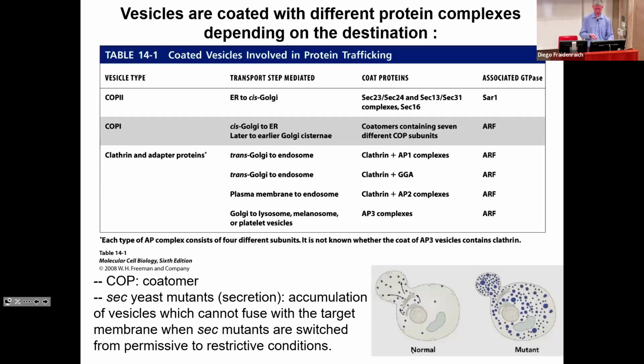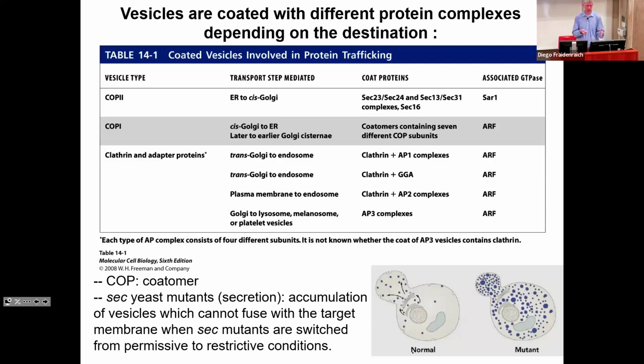You don't need to memorize this. It's just that there are different kinds of coats. Some are called clathrin, or COPI, COPII. So different proteins would be attached to the vesicle surface depending on whether it's transport between ER and Golgi, or more on the trans-Golgi to plasma membrane side.